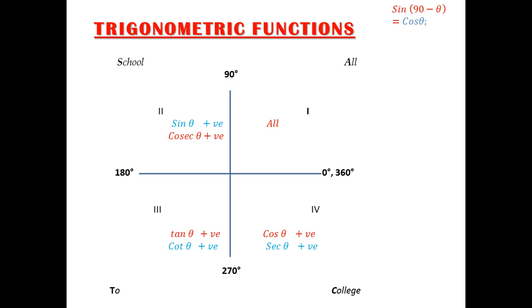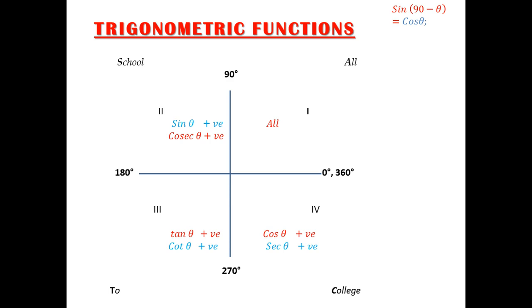So 90 minus theta is 85 degree. 85 degree lies in first quadrant. First of all, you have to note in which quadrant we are talking about. 90 minus theta is your first quadrant.